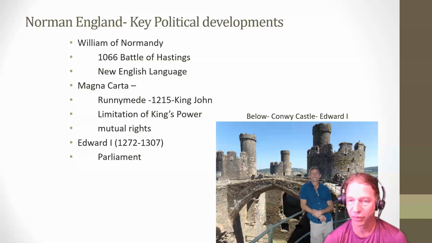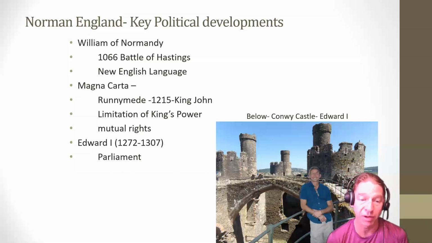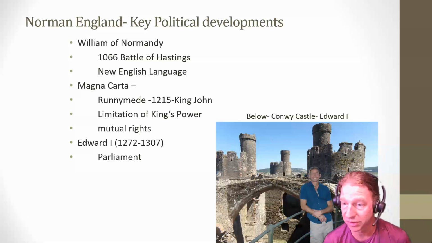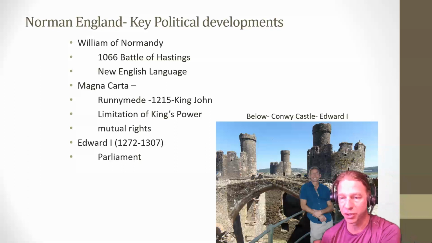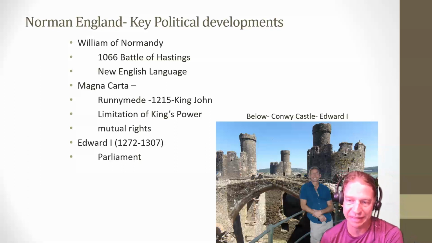He needed a vehicle for raising taxes, and he would use Parliament to do that. But eventually, this creates the grounding for the emergence of mass democracy in the modern world. And without this step, it's difficult to imagine the emergence of modern democracy, at least not in the same way that we understand it today.